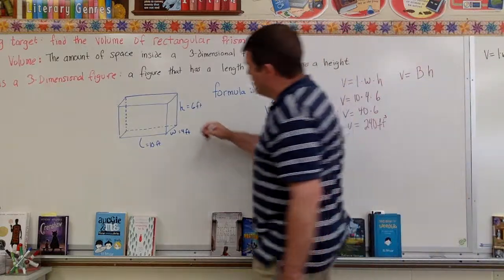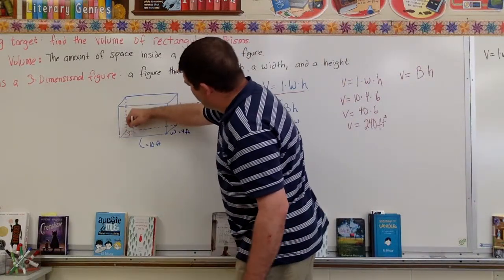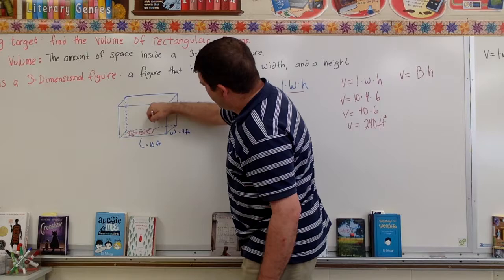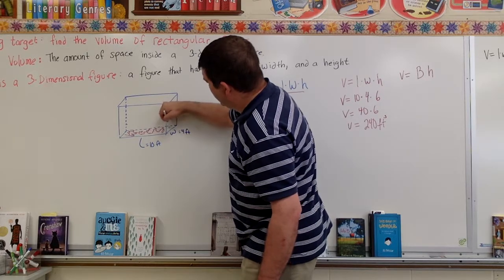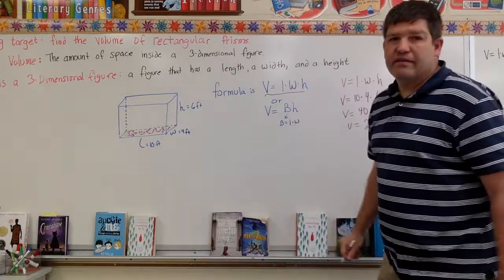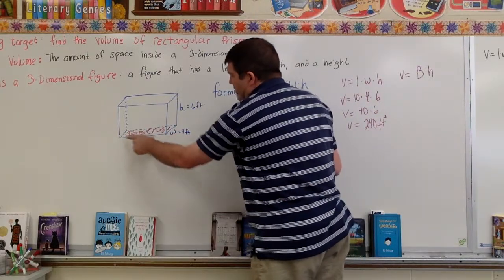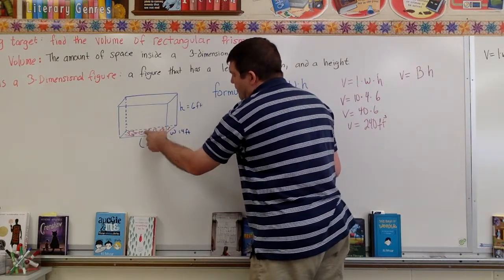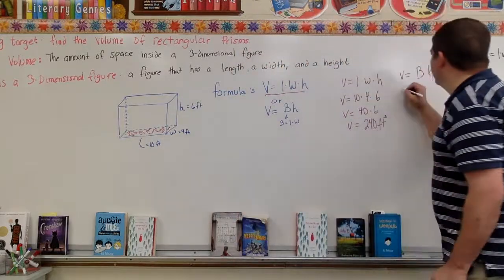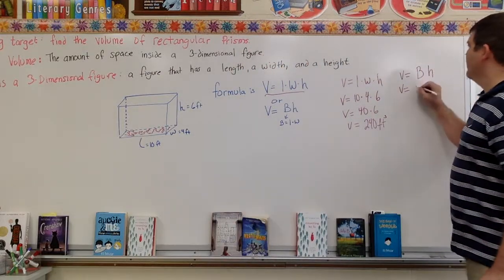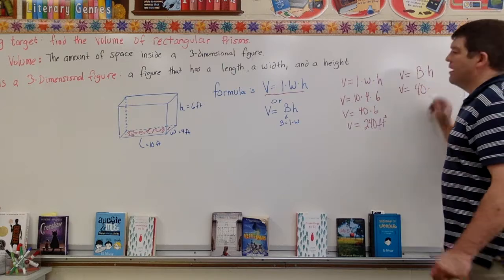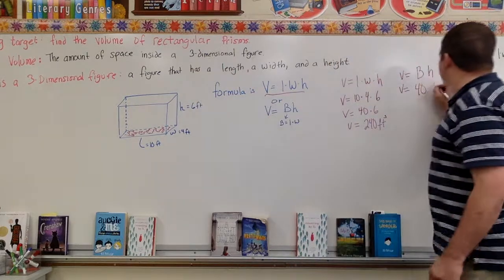So on this one, I want to figure out my area, how many squares can go in that area, just in that. And the way I do that is length times width. So 10 times 4, I can get 40 squares there. Okay, so the volume equals my area of the base is 40 times my height is 6.